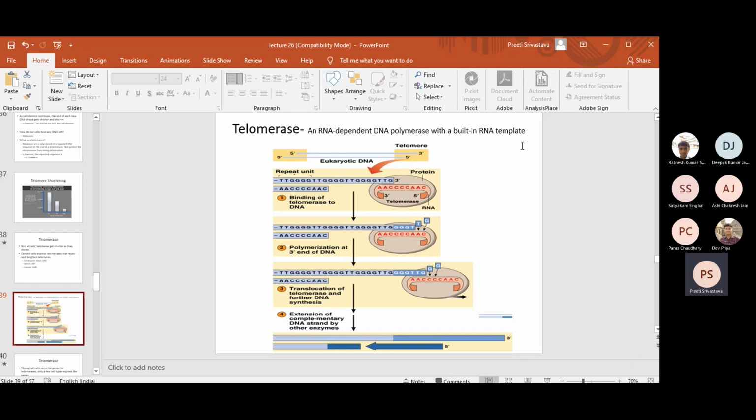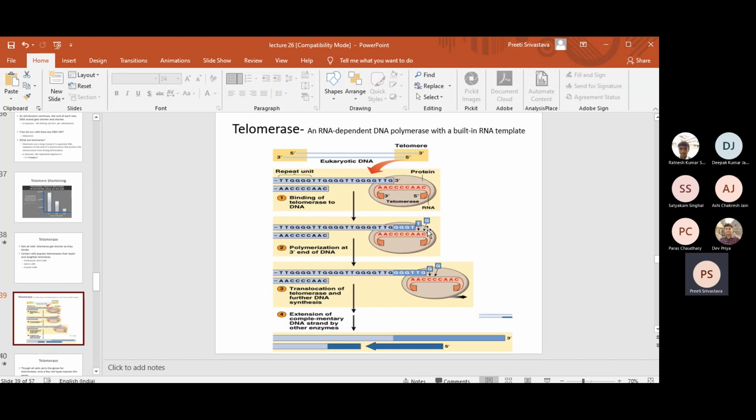This RNA component binds to the repeat sequences of the telomeric DNA. It pairs up, and because telomerase is an RNA-dependent DNA polymerase, the telomerase protein will incorporate the DNA onto this RNA, and ultimately it will extend the length of the telomere.